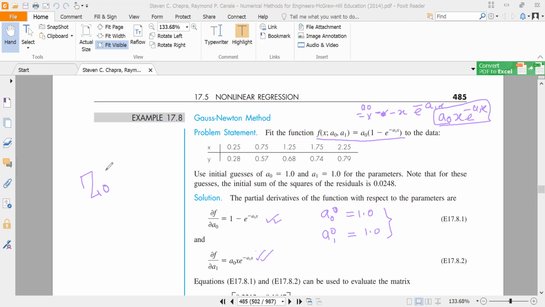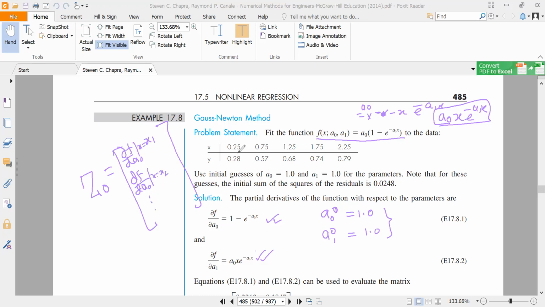So we have to calculate the entries in this way. This will be equal to df by da0 at x equal to x1. This will be equal to df by da0 at x equal to x2.